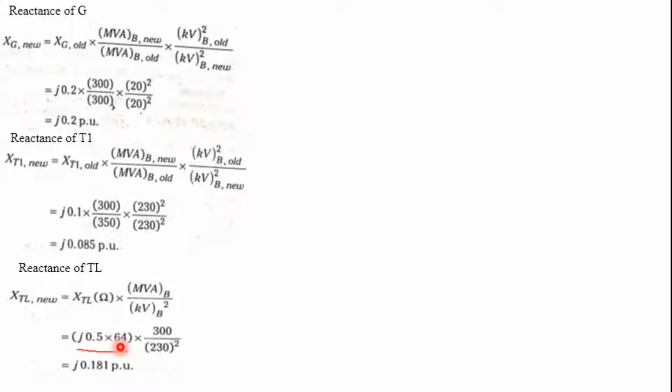We have a total length of 64, so we need to multiply 0.5 into 64. Because per kilometer has a reactance of 0.5, so total length is 64. So MVA base is 300. The voltage on the transmission line HV side is 230. Square of this value, we will get 0.181.